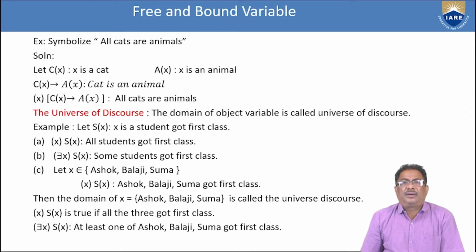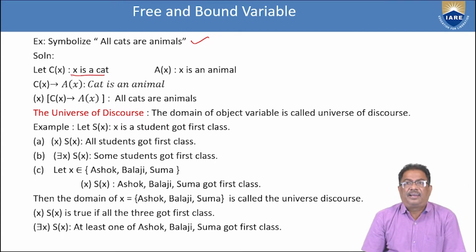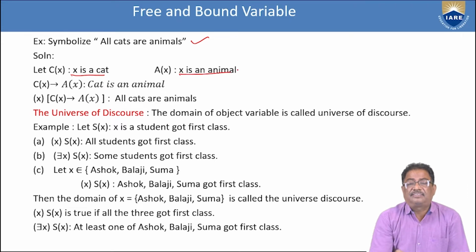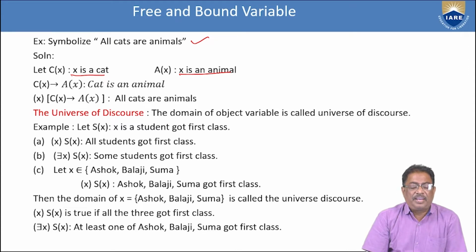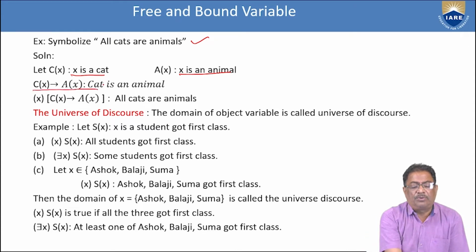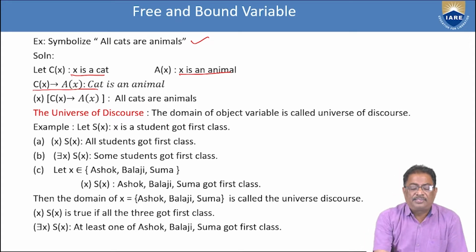Now, continuing from earlier, let us symbolize "all cats are animals." For that, let us take one predicate, x is a cat, and another predicate, x is an animal. So if x is a cat, then x is an animal.